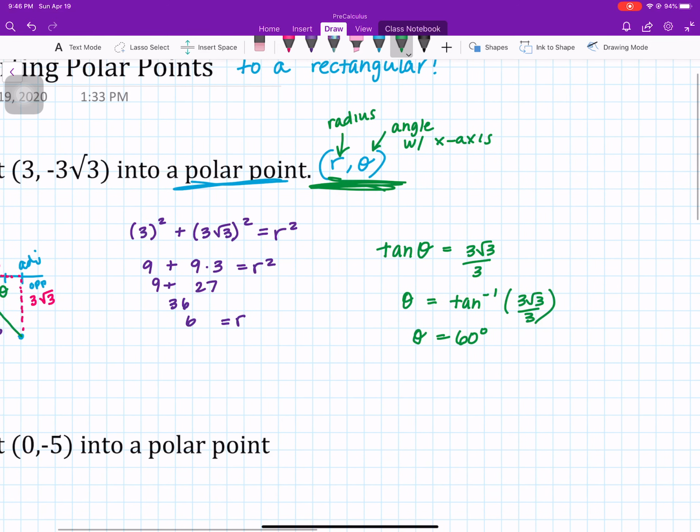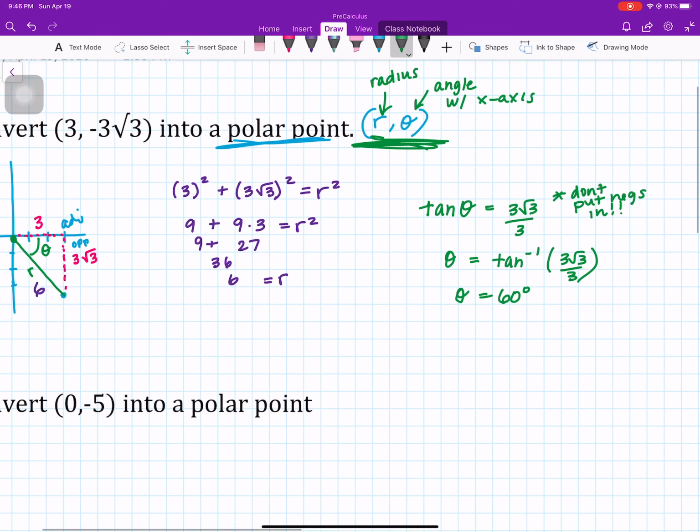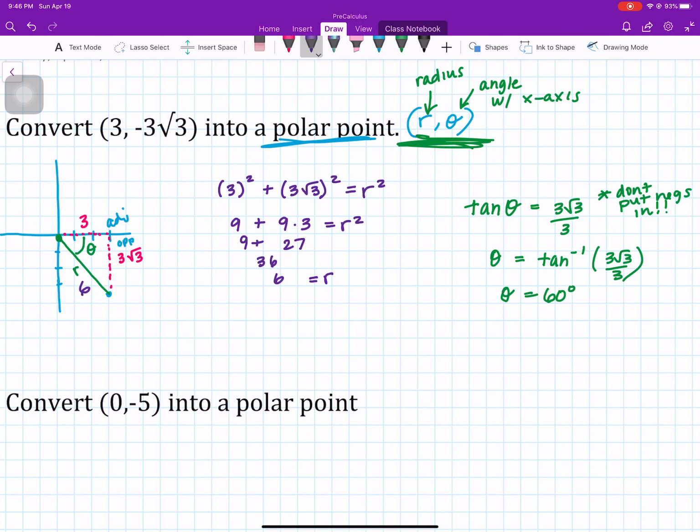Let's make a note right here. So then I know this angle in my picture is 60 degrees. I know my radius is 6, so this point is the point (6, negative 60), again because I'm rotating clockwise.